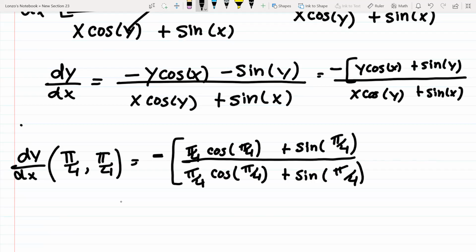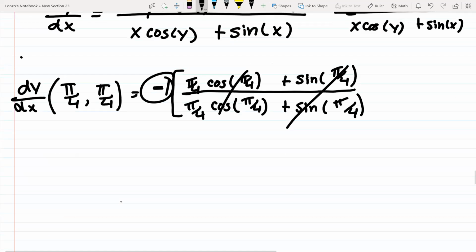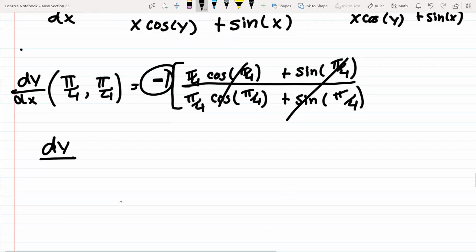So what do you get? They're practically the same thing, right? The numerator and the denominator are now identical. So this cancels, and you're just left with this invisible negative 1. So your final answer is dy dx at the point pi over 4, pi over 4 is going to be negative 1.